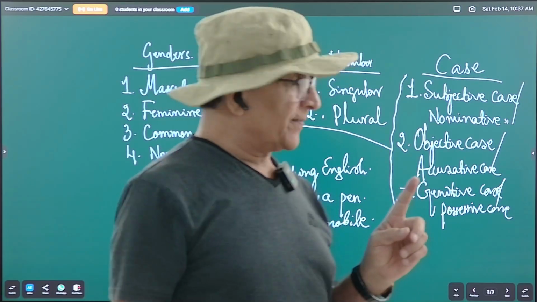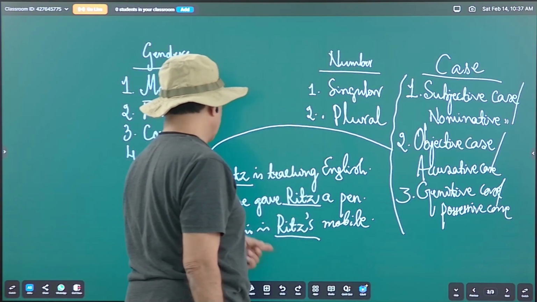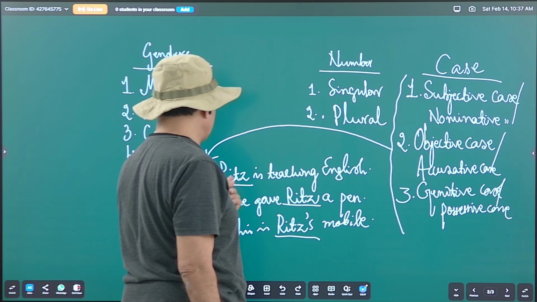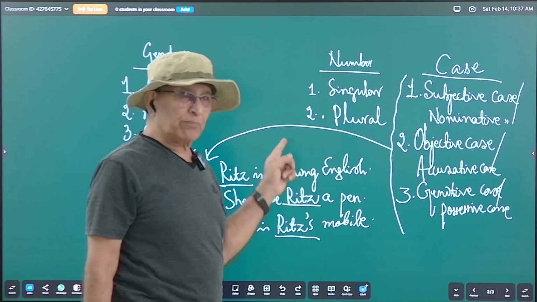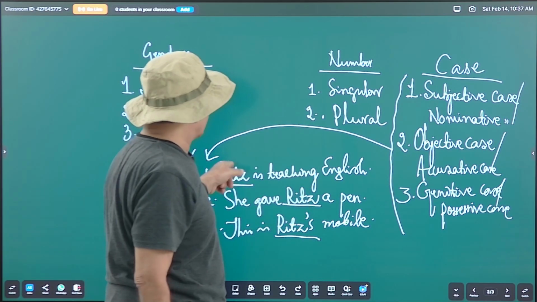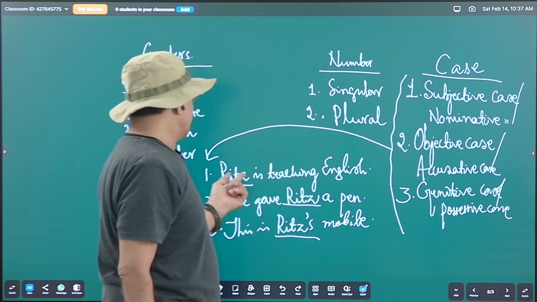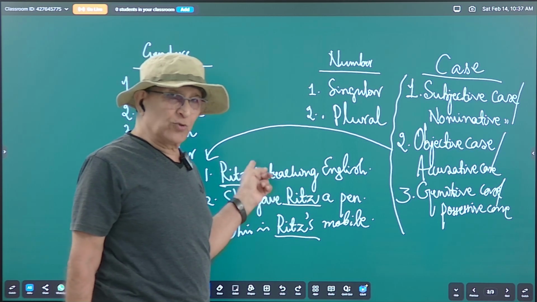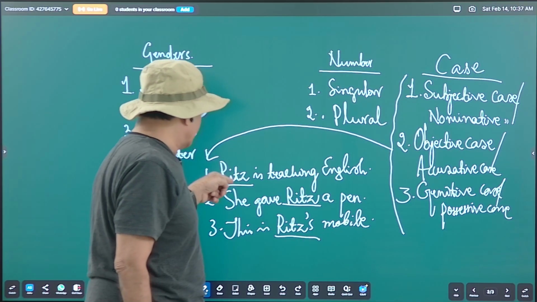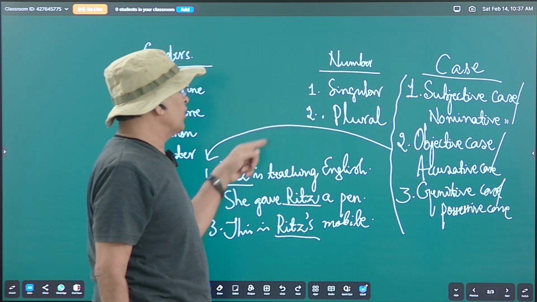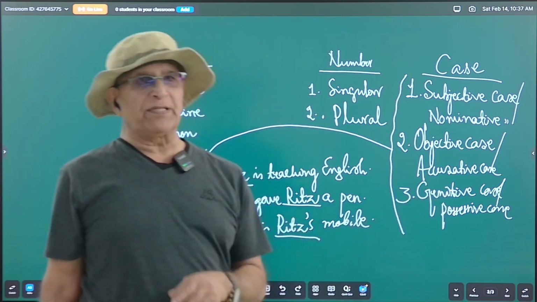In this sentence, Riz is subject, is teaching English, is predicate. What is the role of this word Riz in the sentence? Riz is a noun, a proper noun, singular number, masculine gender, and case, it is used as a subject. Riz is used as a subject in this sentence, so you call it Riz in this sentence is in subjective or nominative case. These are grammatical jargons you have to remember, please.